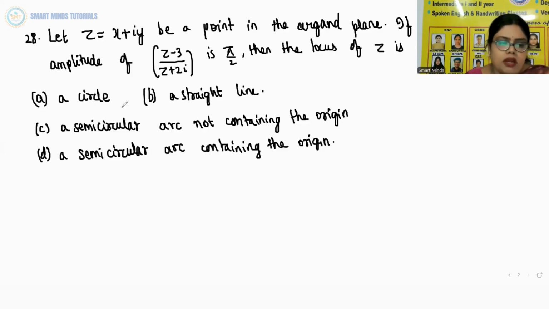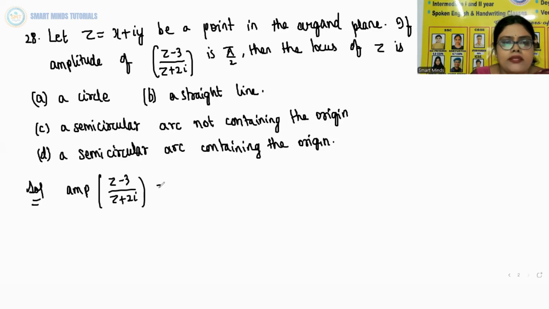So now let's see how do we proceed. What is given to us? Amplitude of (z - 3)/(z + 2i) is equal to pi by 2. In the place of z we put x + iy.